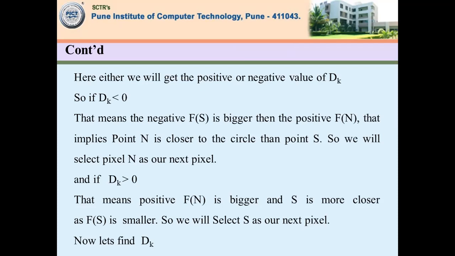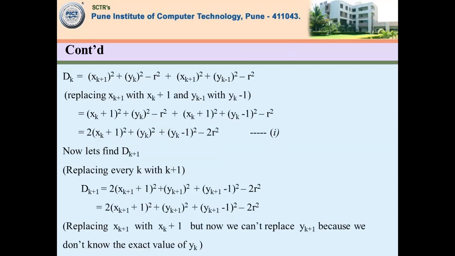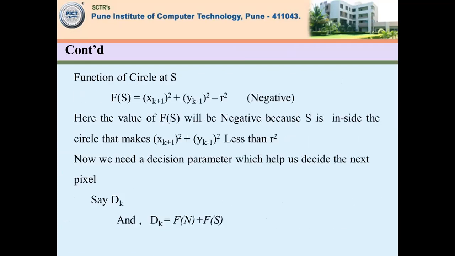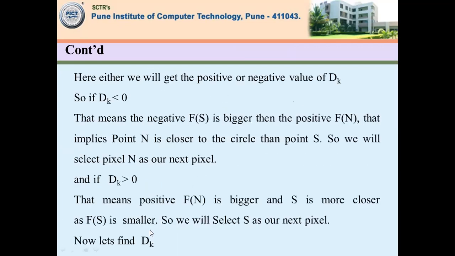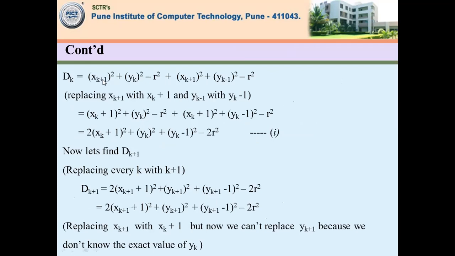Fine, let's move ahead. Now we are going to calculate the dk value, which I already indicated. It is fn plus fs. We have both equations with us now. Fn is already there, fs is already there. Just put both equations in the equation dk. xk plus 1 square plus yk square minus r square.